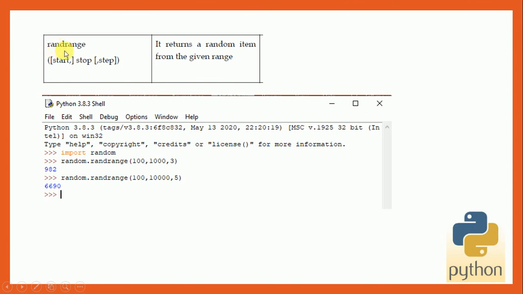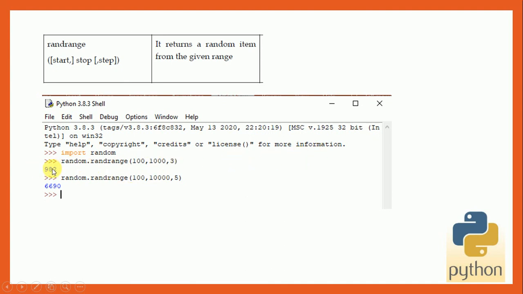Next one is randrange. It returns a random item from a given range. In this range we have a start, stop and a step. Let's check with an example. Random.randrange 100, 1000, 3. 100 is the starting point, 1000 is the ending point, 3 is the difference. 100, after that 103, 106, 109, the common difference is 3.